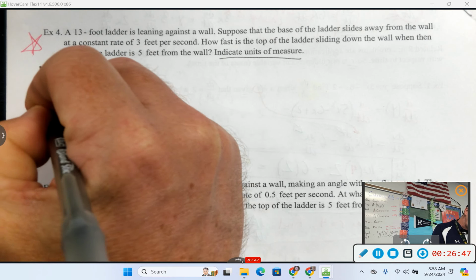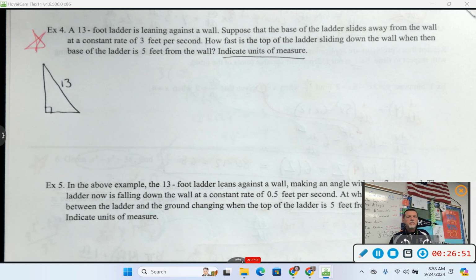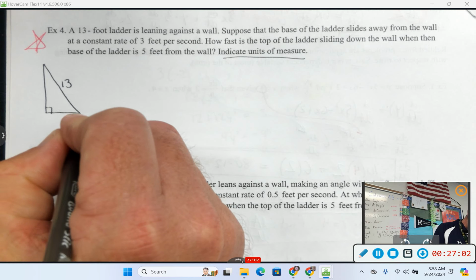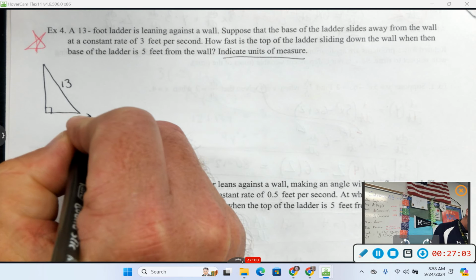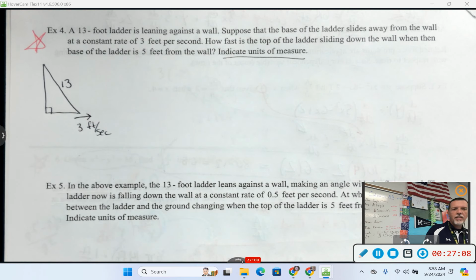Okay, so there's my 13-foot ladder leaning against the wall. The base of the ladder slides away from the wall at a constant rate, so the base of the ladder slides away from the wall at 3 feet per second. I'm not putting variables on that yet.